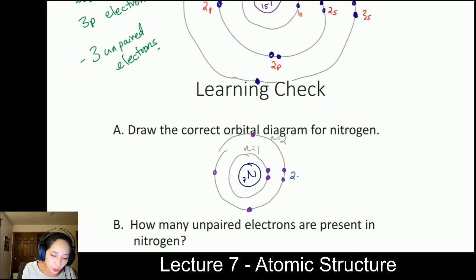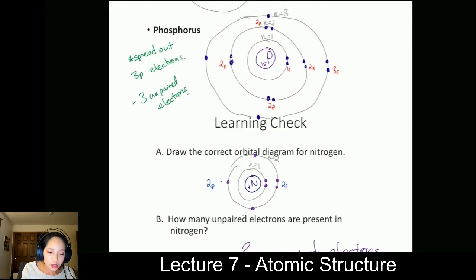We have 2 s electrons, and we still have 3, in this case 2p electrons. So see how there's a total of 1, 2, 3, 4, 5 electrons in both of these outer shells. For nitrogen and phosphorus, they're in the same family. They will have similar reactivity because of the outer shell electrons, they have the same number.